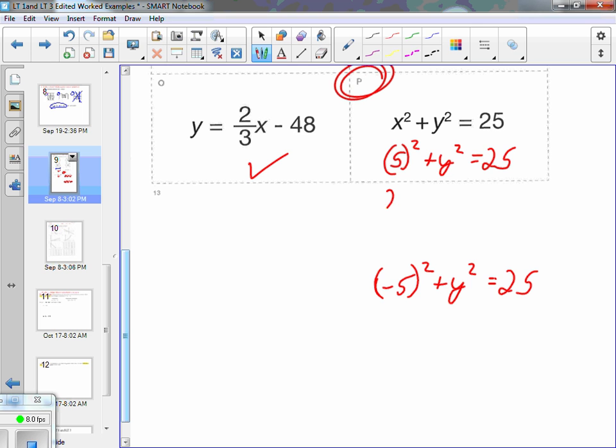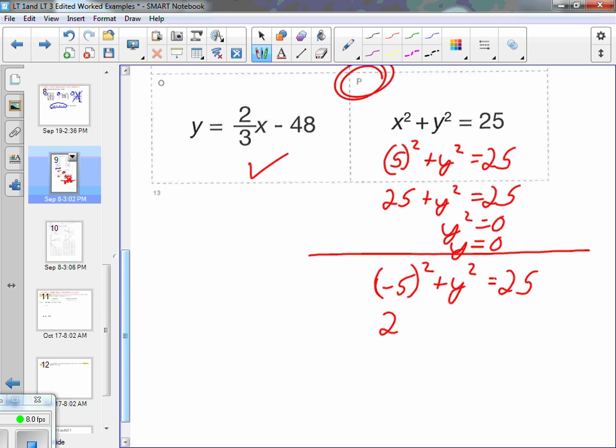Because watch, when I square the 5, I get 25. So I get y squared equals 0, which means y equals 0. And when I square the -5, I get 25, which means y squared equals 0 and y equals 0.